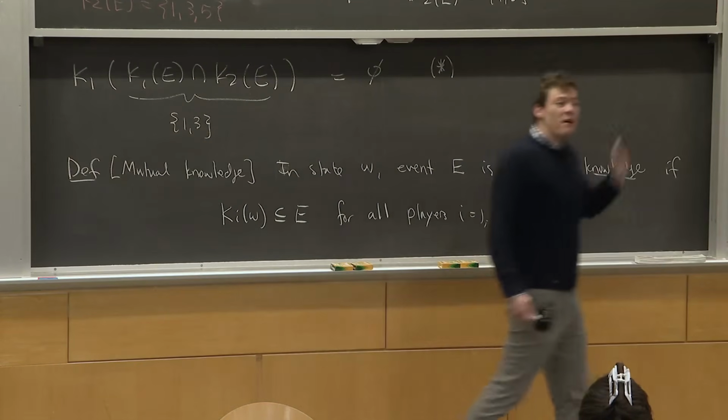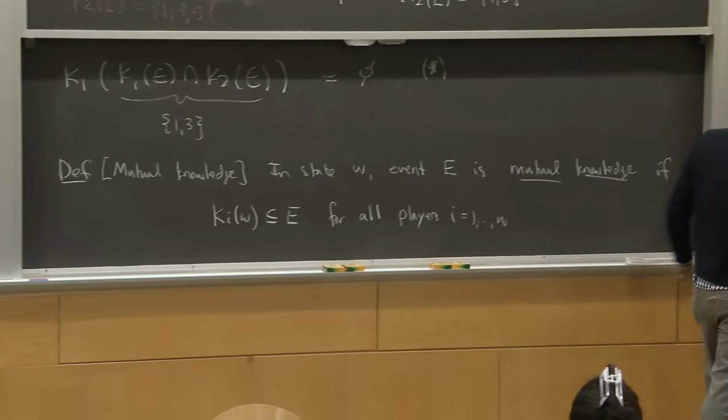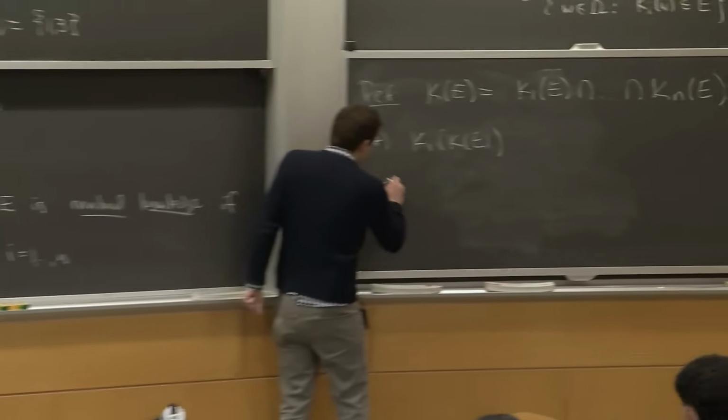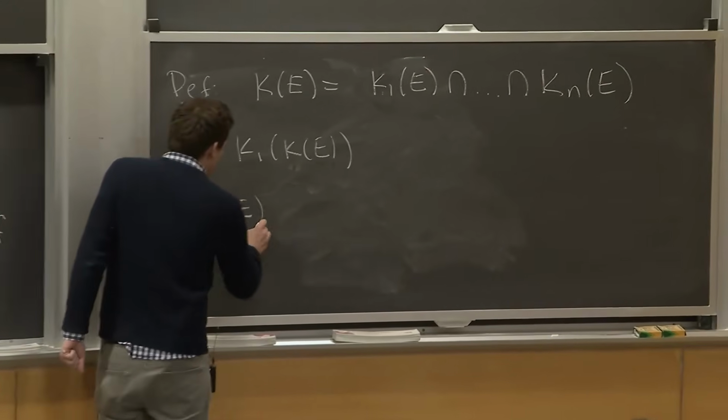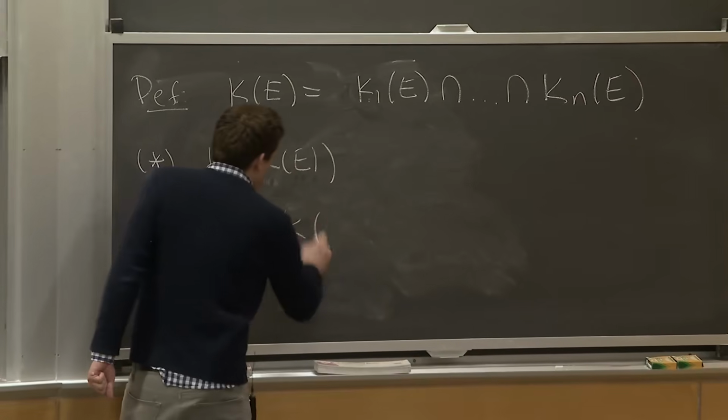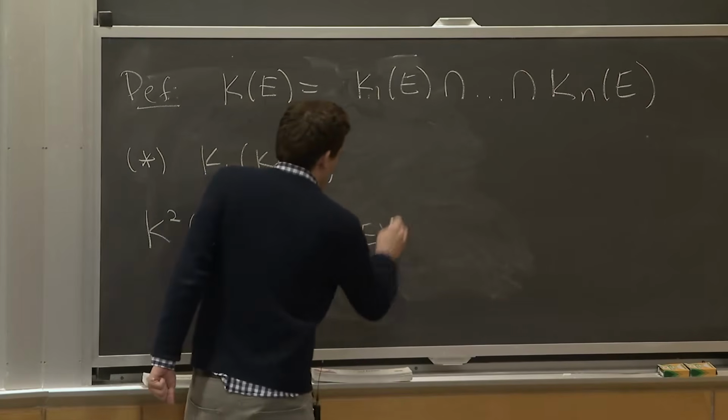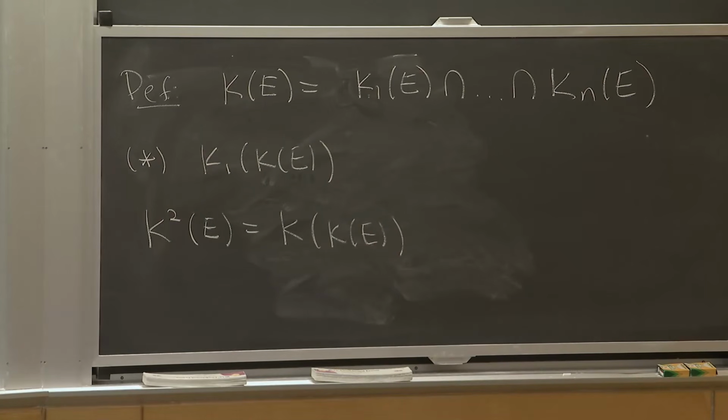And that suggests that we might need to go a step deeper. So we could then look at what is the interpretation of K squared of E, which is equal to K of K of E. So in words, what would you describe this as? This is the event that what? K of K of E. Yeah? Everyone knows that everyone else knows that E is true, right?